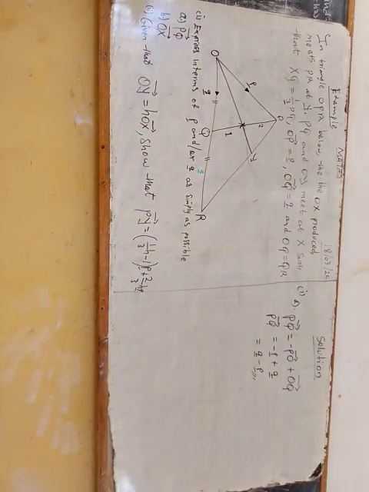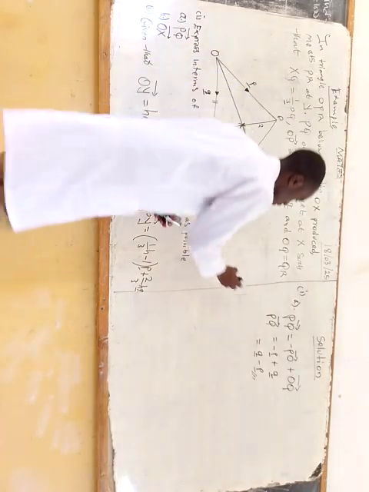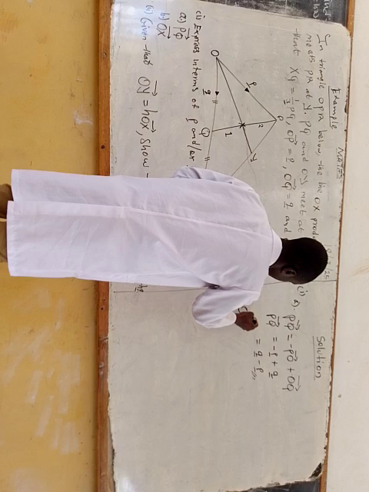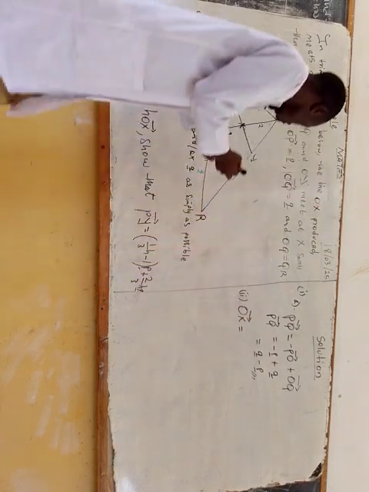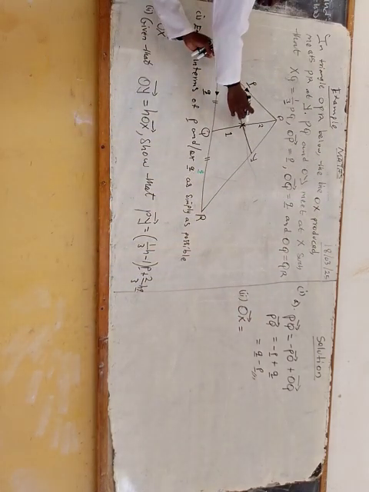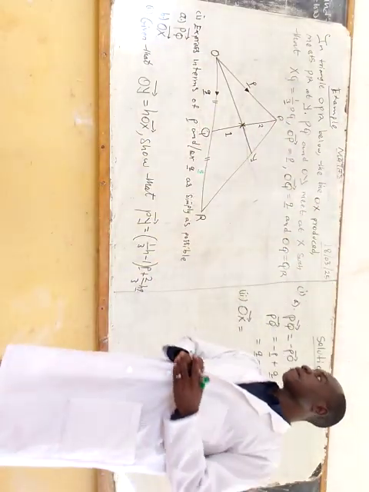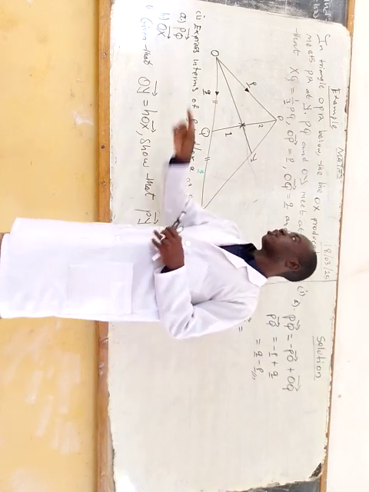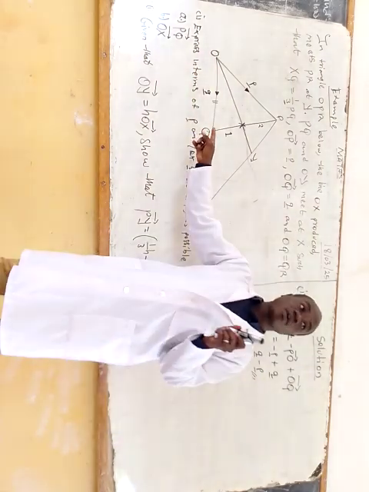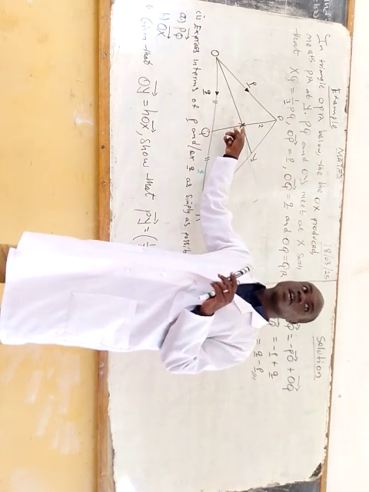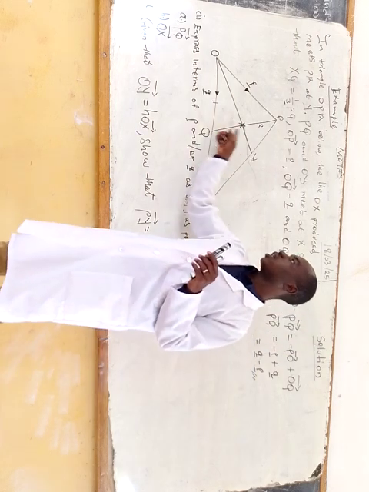The first one is done. We go to the second one, which is OX. Again there is no path, you have to create it. So we have OQ, which will be positive, then QX. Now let's analyze it. Is it going to be negative or positive?